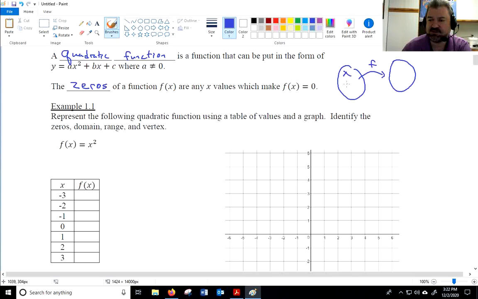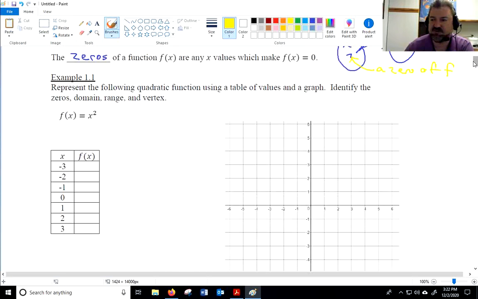Well, if we put in a number like, say, 7, and f maps 7 over to 0, then because 7 went into the function and 0 came out, we call this number here a 0 of f. All right. So we'll be talking a lot about that as well.